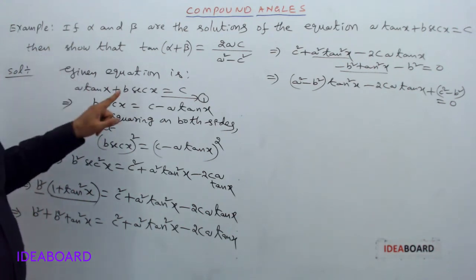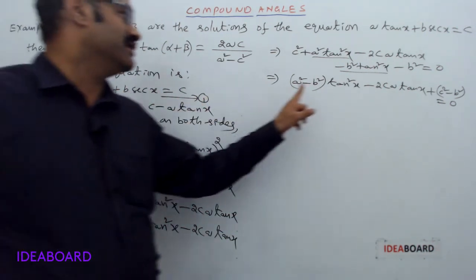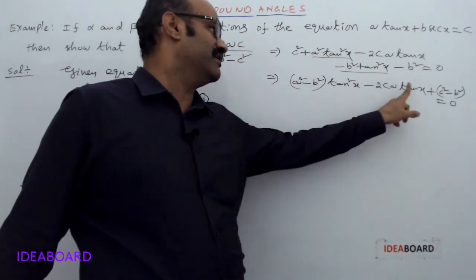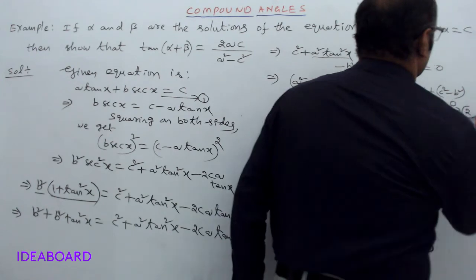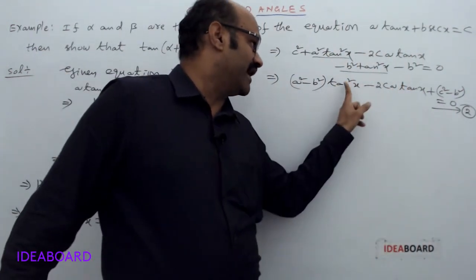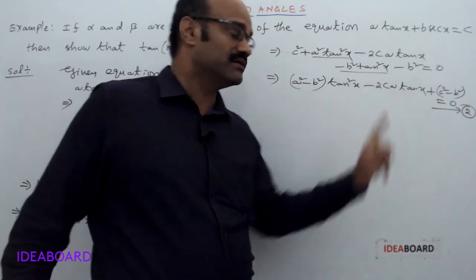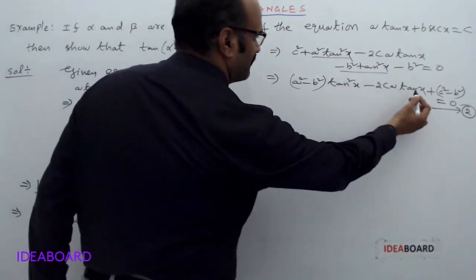Now, whenever alpha and beta are the solutions of equation 1, then tan alpha and tan beta will be the solutions of equation 2, because this is a quadratic equation in terms of tan x.